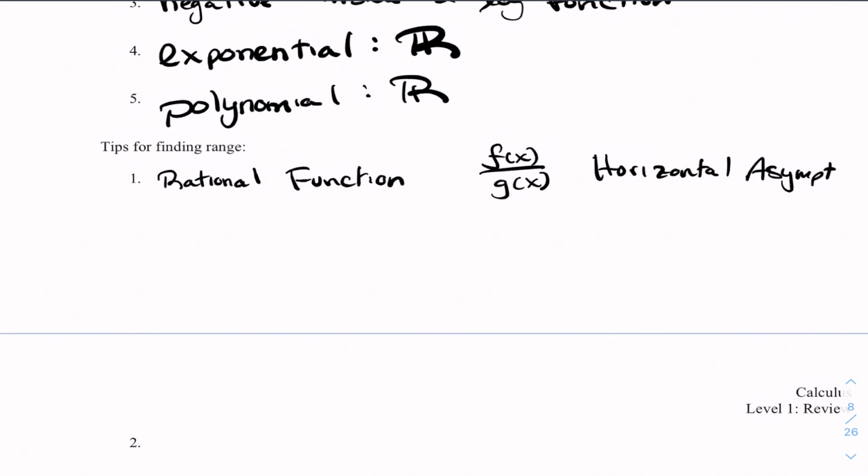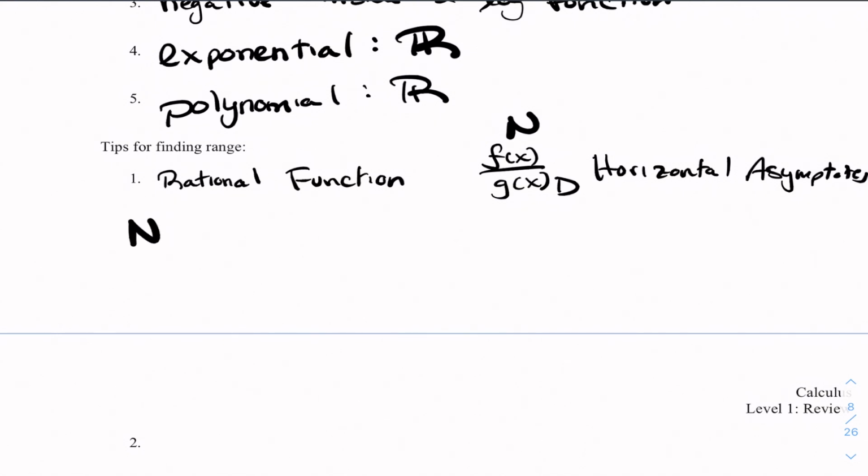There are three different cases that we have to worry about here, because when we have two functions divided by each other, we could have horizontal asymptotes. If we talk about n for the numerator and d for the denominator, here are the three situations that we would have.